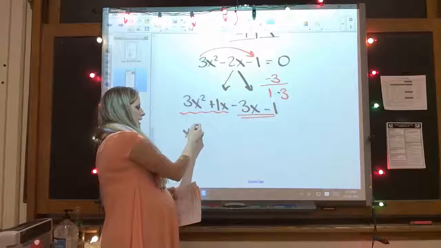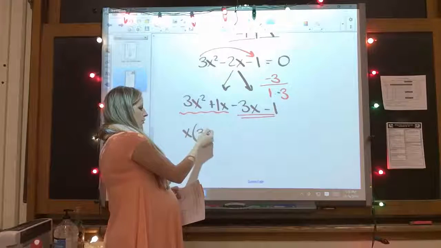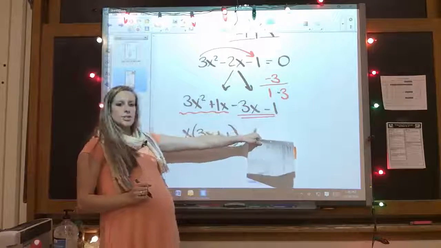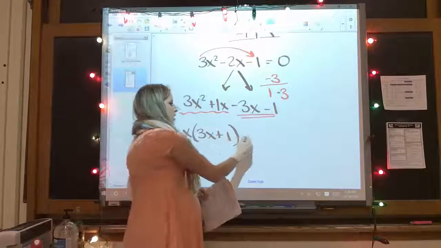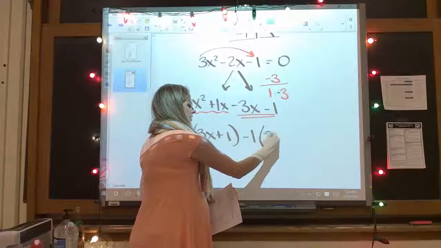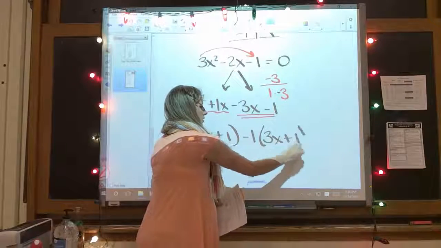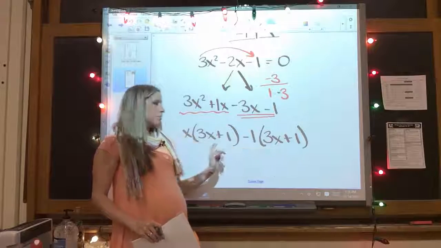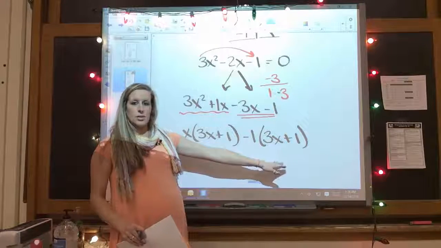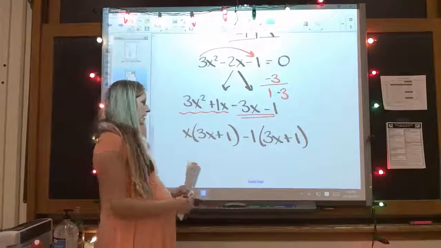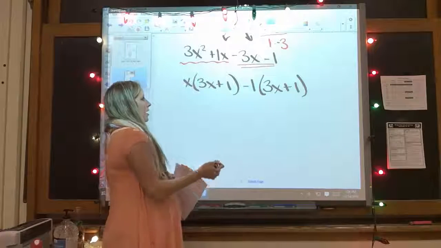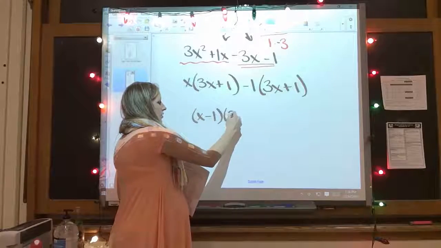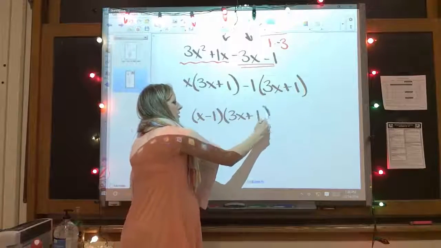So I'm going to take out an x, and I'm left with 3x plus 1. My last two have a negative 1 in common, and I'm left with a 3x plus 1. If you don't get the same binomial in both of these, you did something wrong. Okay, so you need to go back and check. So this is telling me I'm going to have x minus 1 and 3x plus 1 equal to 0.